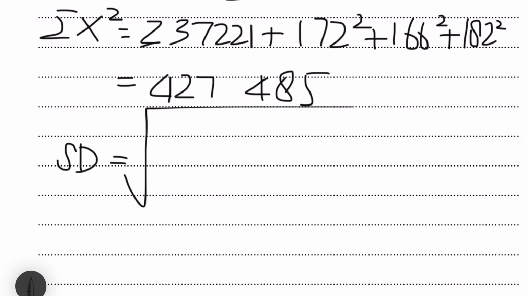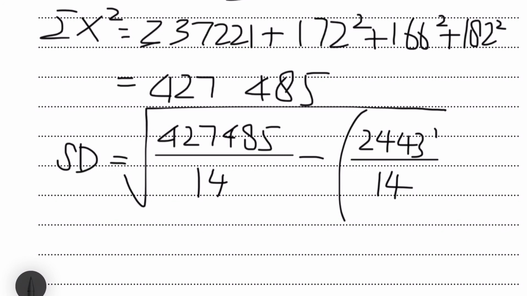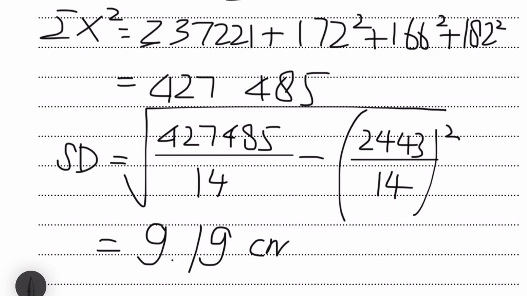So SD is the square root of the sum of x squared divided by the total number of members, which is 14, minus the mean, which is 2443, the sum of x, divided by the number of members, and square that number. So your value will be 9.19.